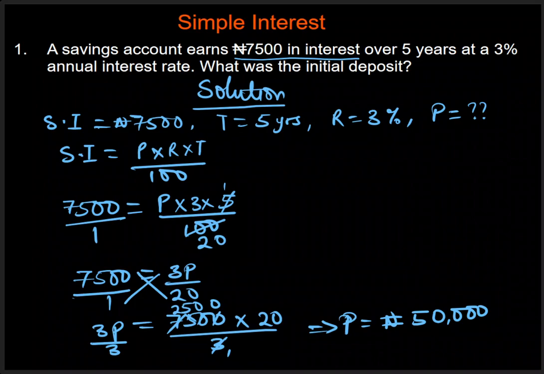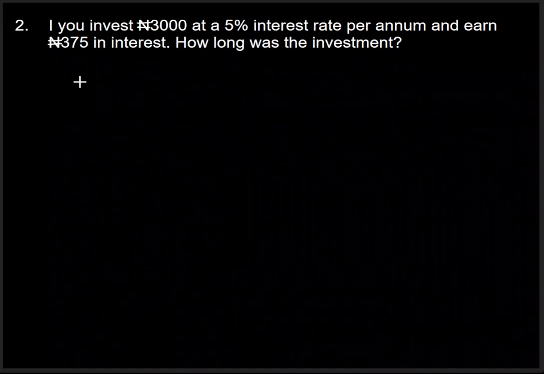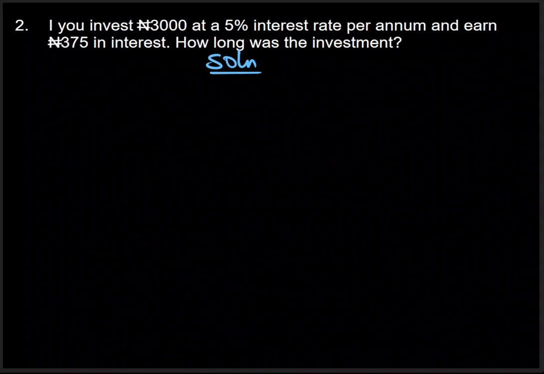All right, so we move to the next question. Number two, this should be if, please take note. If you invest 3,000 naira at a 5% interest rate per annum and earn 375 naira in interest, how long was the investment?